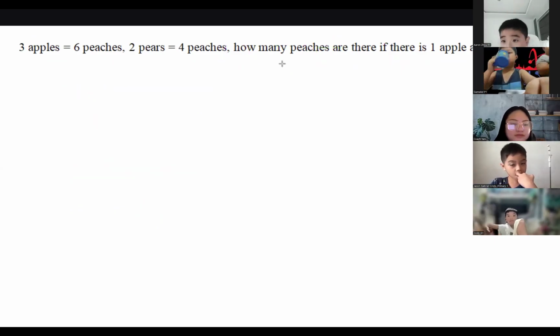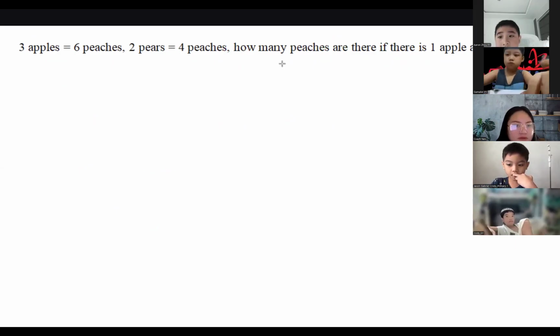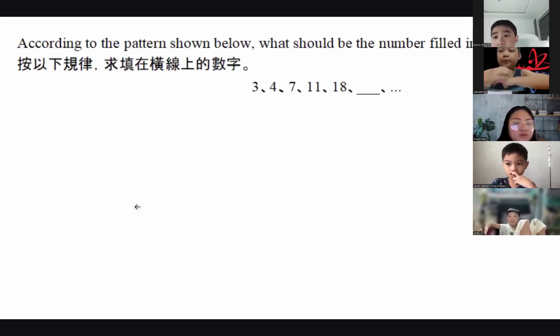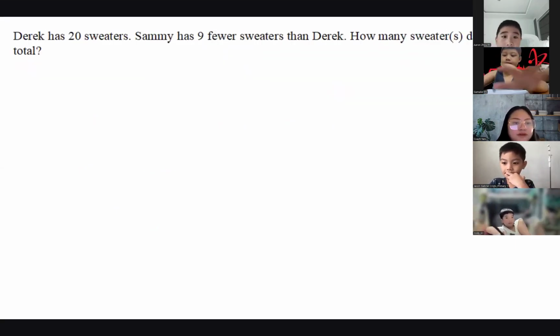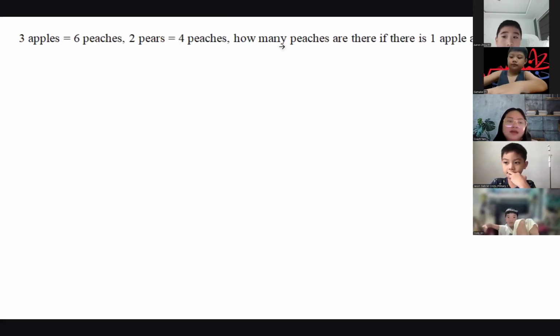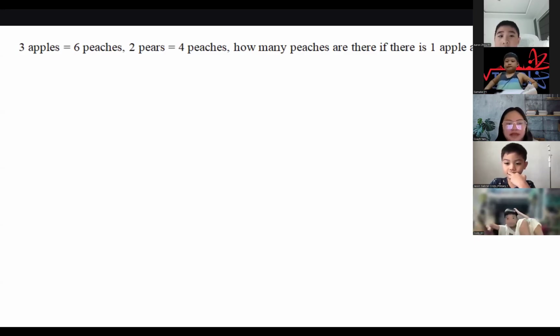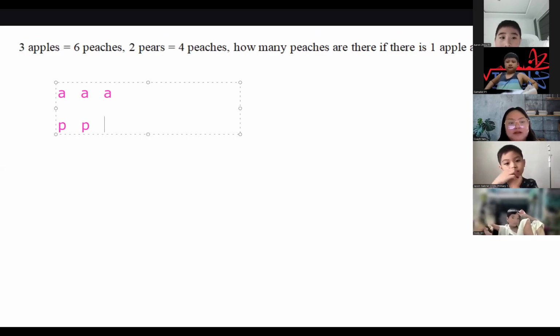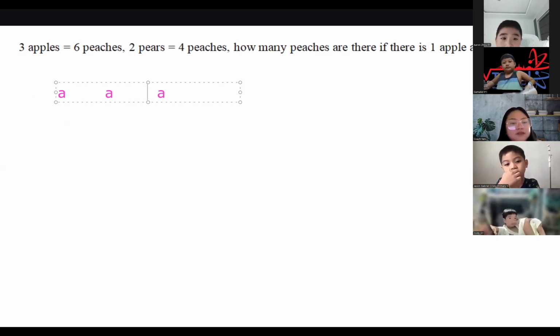One, two, three, four, five, six. Okay, so again, you have 3 apples, A, A, A, and you have 6 peaches. These 3 apples are just the same as if you have 6 peaches.